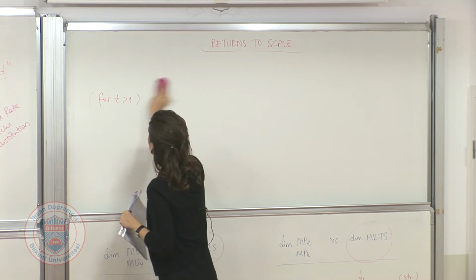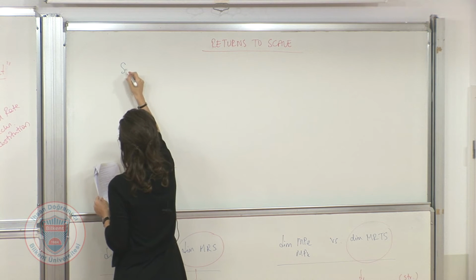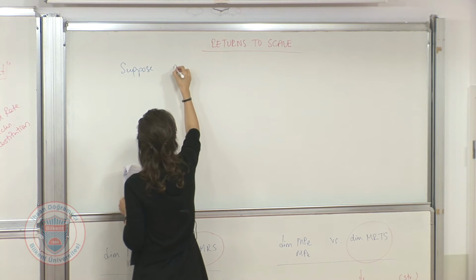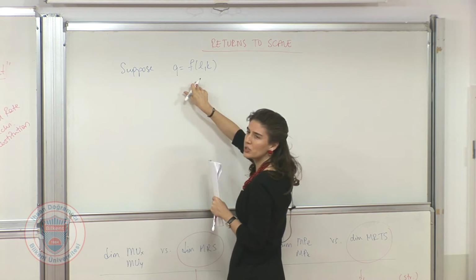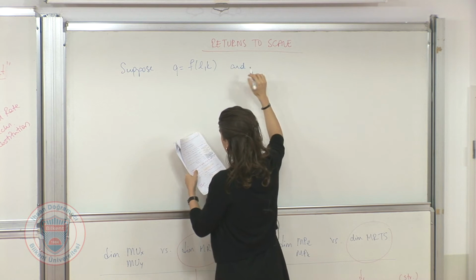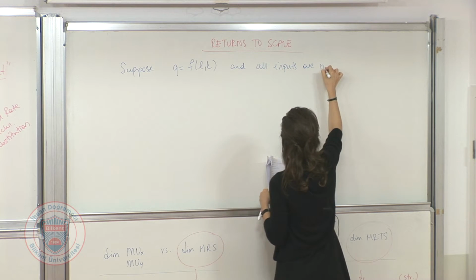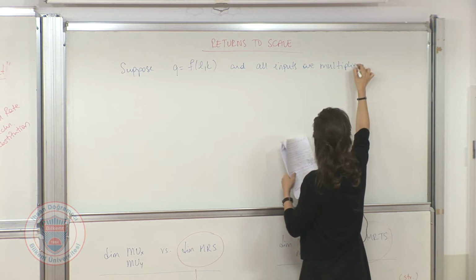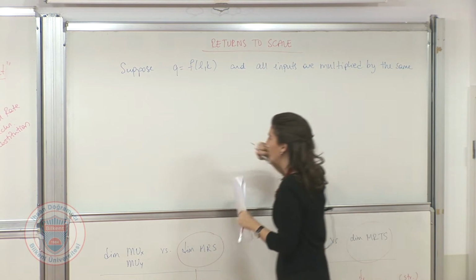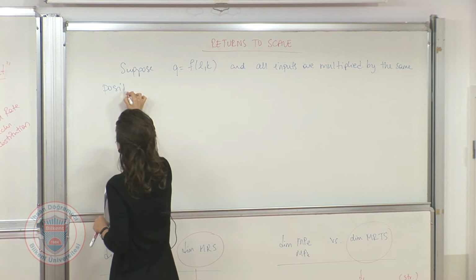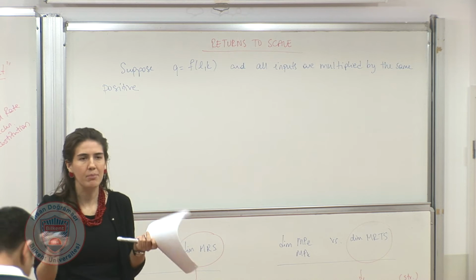Let me write it down properly. Suppose Q equals f of LK is your production function, and all inputs are multiplied by the same positive constant t. Of course, you don't have to increase labor and capital by the same amounts all the time.